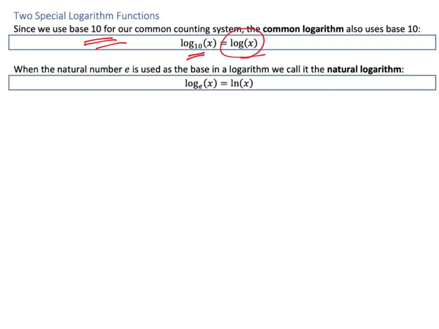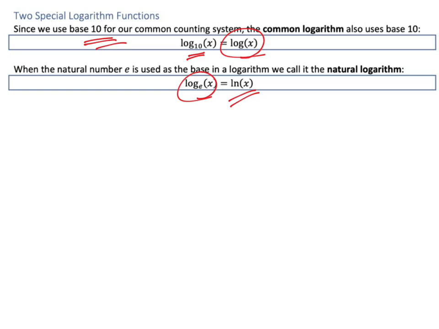So log of x is the common log. Also, if we use the natural number e as the base, that would be called the natural logarithm, or log base e, but that's simplified to ln x. It looks like it should be NL for natural log, but it's either Latin or French, I forget. It's logarithm naturalis, so that's where the ln comes from.